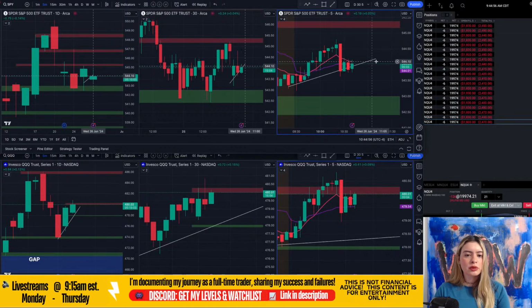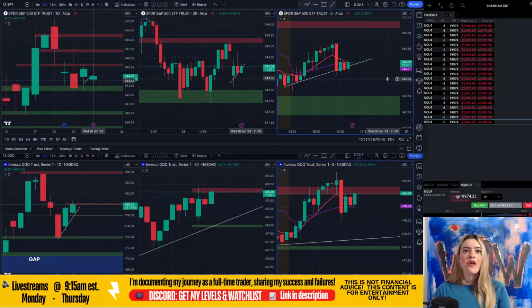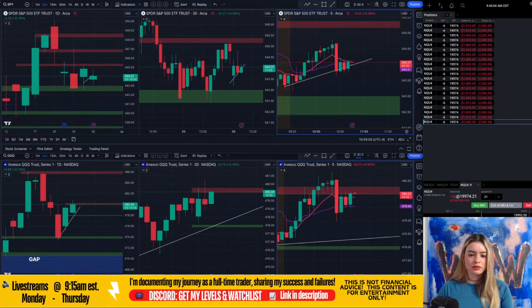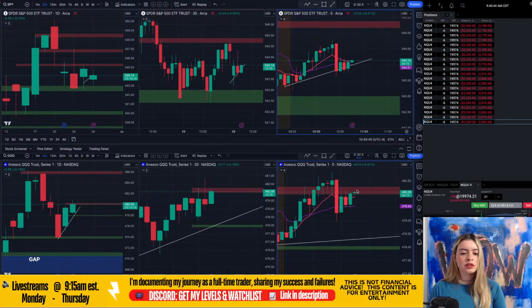And I also want to see SPY keep rejecting the VWAP. Keeps fighting here. If this candle turns very bullish, I'm out, because it's going to move way higher.